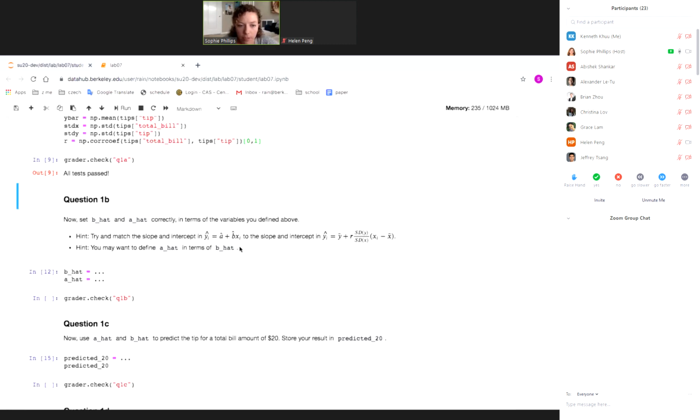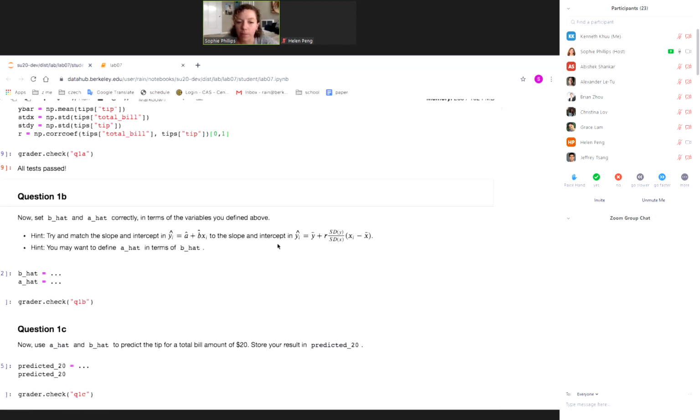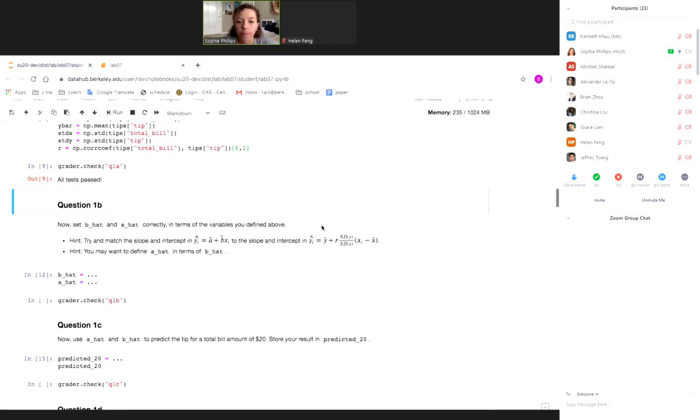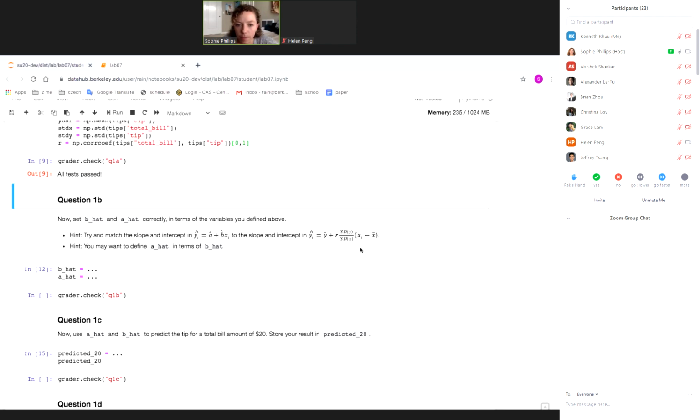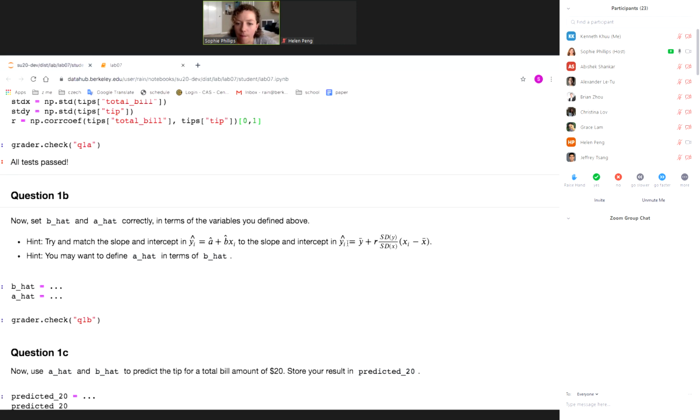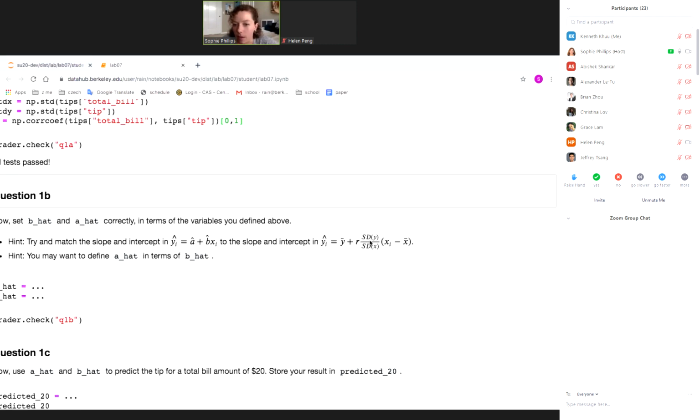Hint: try to match the slope and intercept in y equals a plus bx to the slope and intercept in this reformulated equation. Let's start with b hat. We know b is just the slope, whatever is multiplying x. The original equation is constant plus slope times variable, and here we have constant plus constant times variable minus constant times constant.